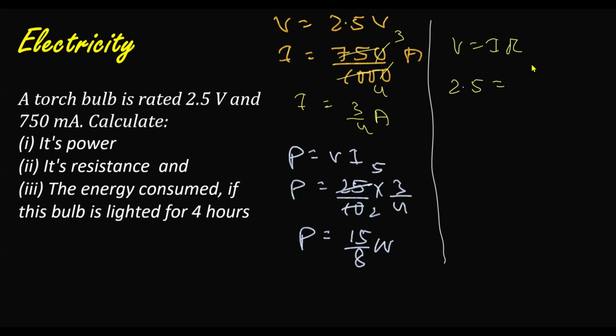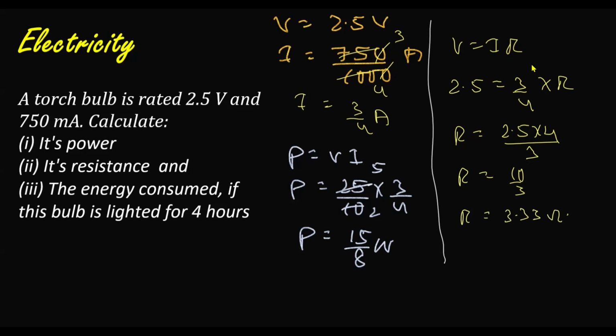I is 3 by 4, and the resistance is what we have to get. So we can do multiplication. It's 2.5 into 4, that divided by 3. So the resistance comes out to be 10 over 3, which we may write as 3.33 ohm. So we got the answer for the second part.